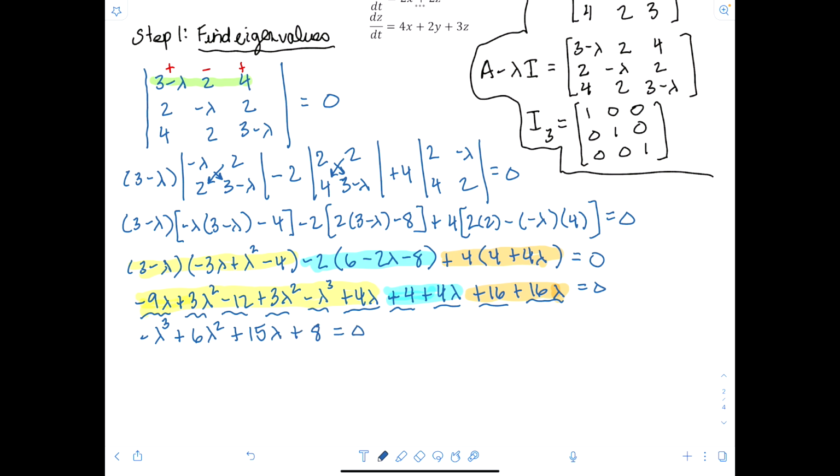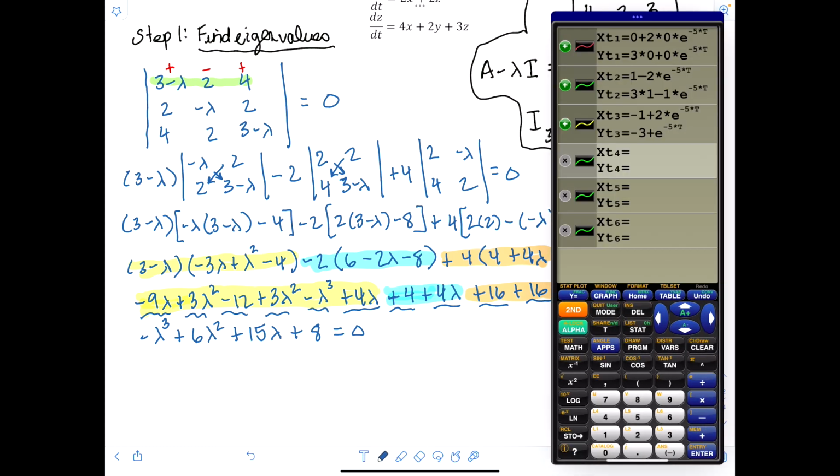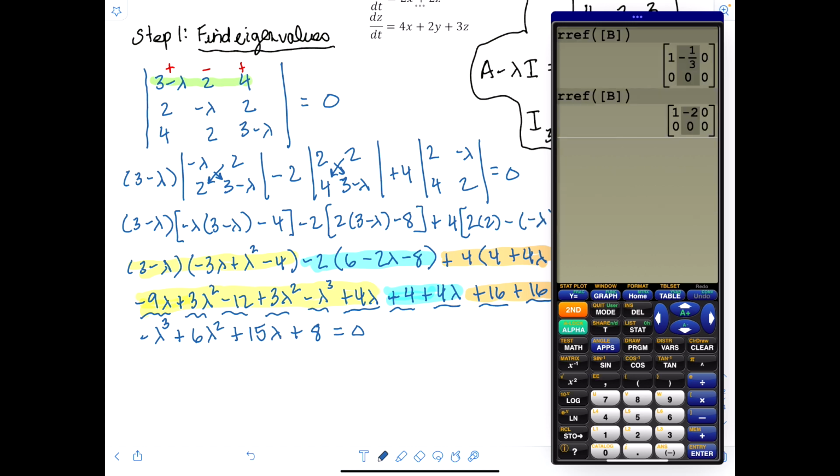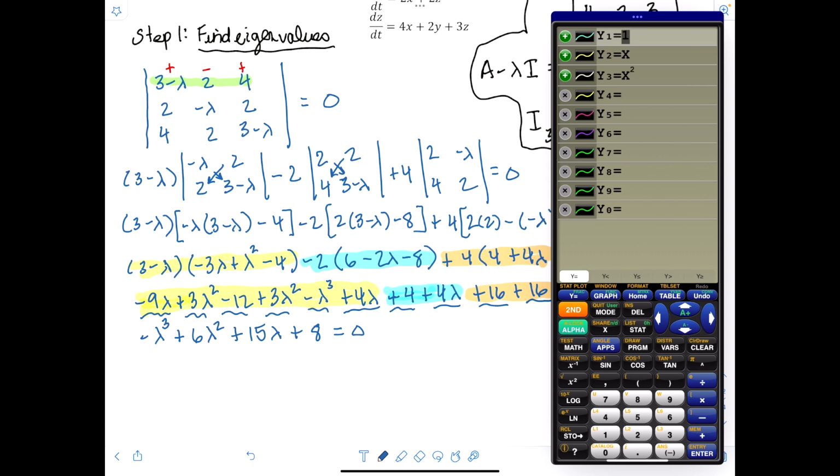to 0. Now for this one, if we just go to our y equals, let me clear some of these things out. Actually, we're going to quit out of here. We're going to go into mode, function, done, y equals. So I'll have clear, clear, clear. There we go.